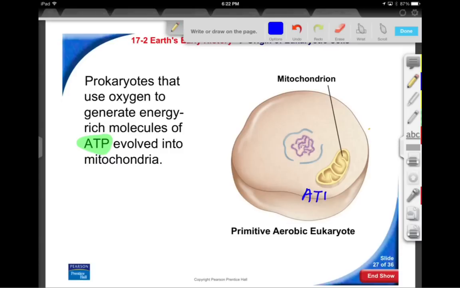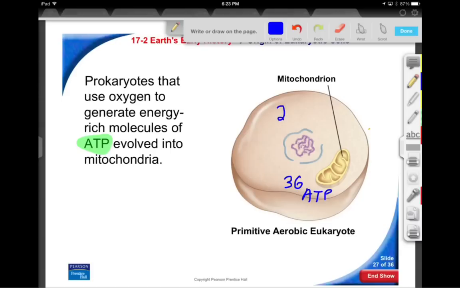In fact, it's very good at cranking out about 36 ATP for basically a small amount of glucose. I don't want to get into that biochemical cycle, but these guys can crank it out. Think of it as every cycle, these guys can crank out about 36 or 38 ATP.